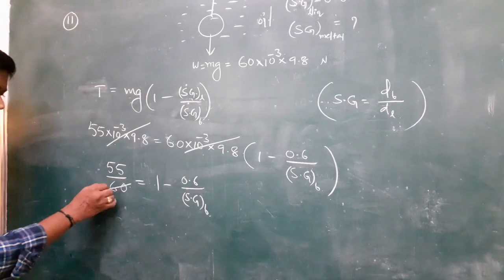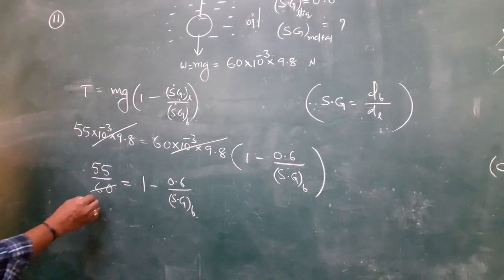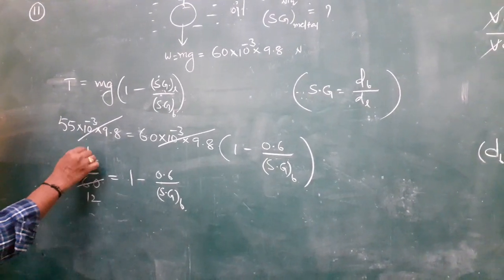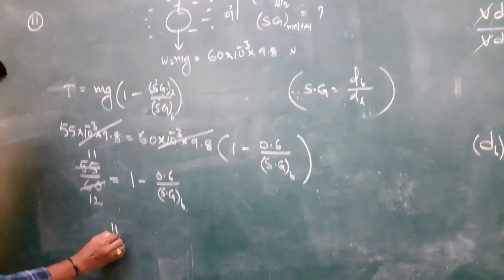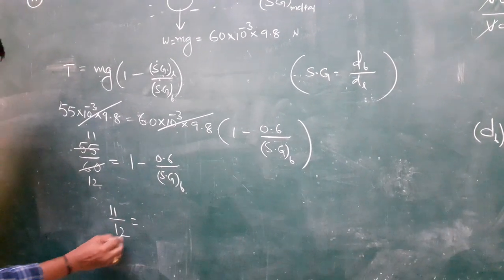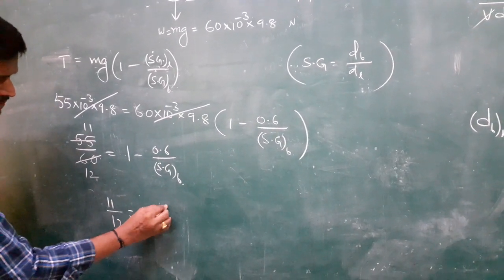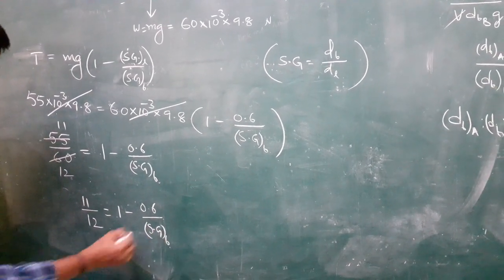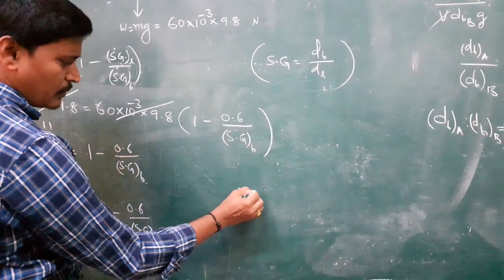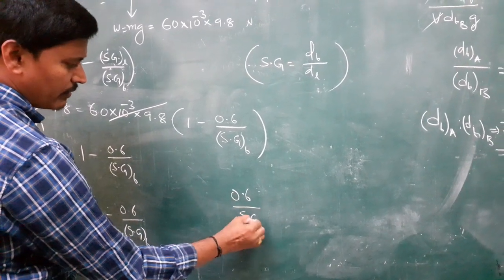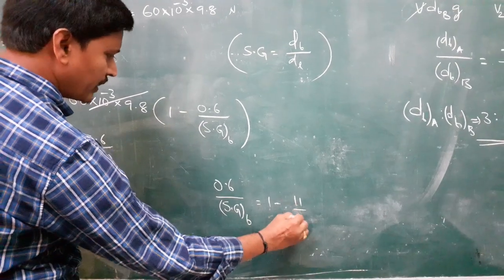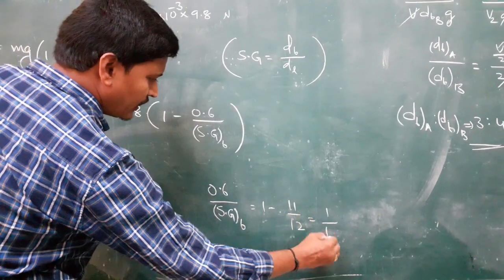Actually 0.6 divided by the specific gravity of this material is 1 minus 11 by 12, that is 1 by 12.